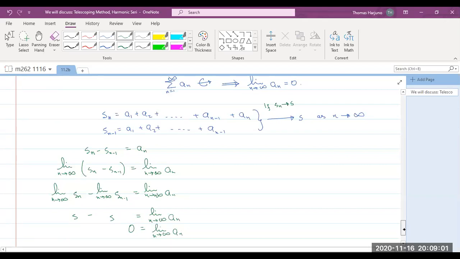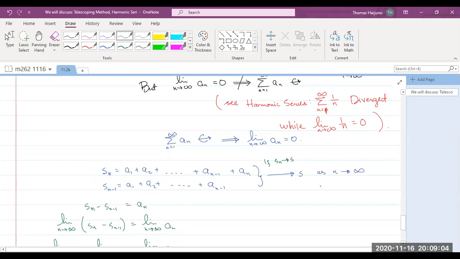Notice that the series being convergent implies the infinite term has to be 0.